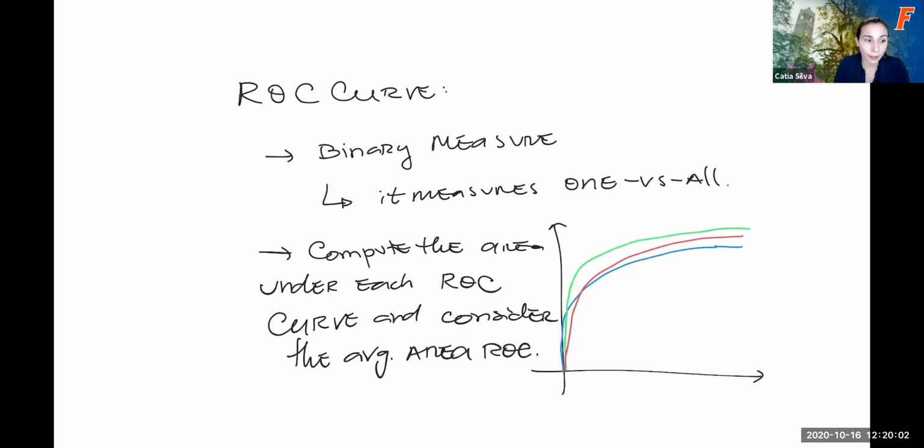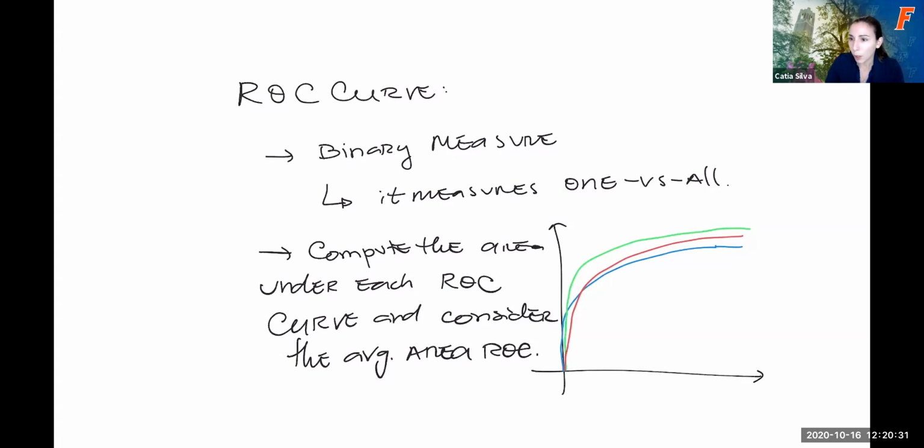Okay, but again, this sort of defeats the purpose of using a ROC curve, because if we're just averaging together the area under the curve for all classes, we're yet again using a single number to characterize the entire classifier. So we're losing the ability to distinguish performance for any individual class. Right? Okay.